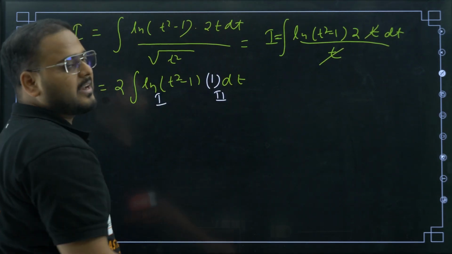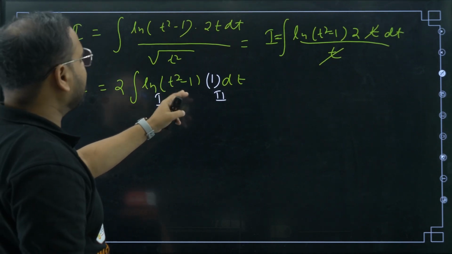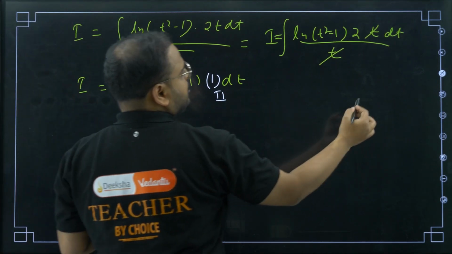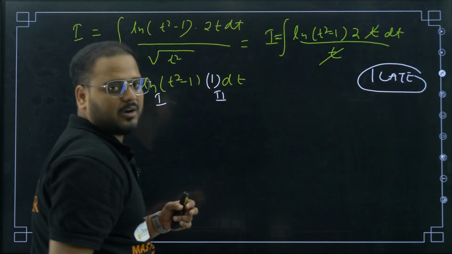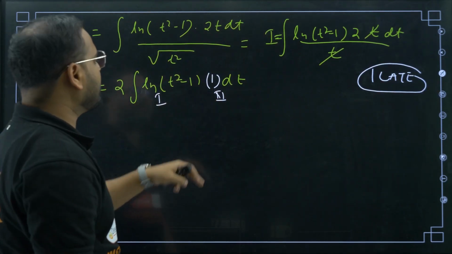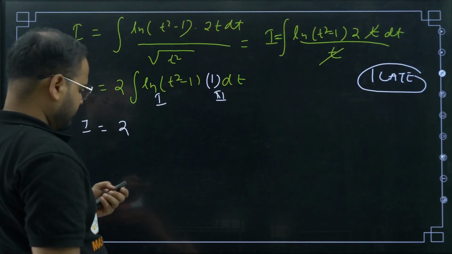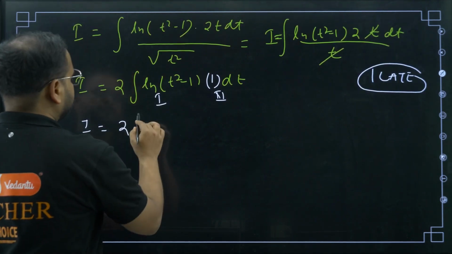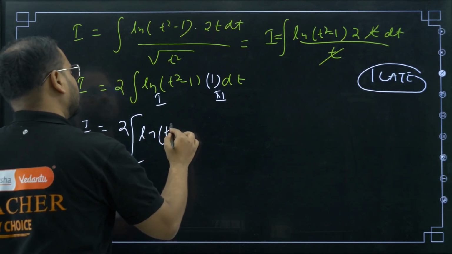Why, sir? Because of the ILATE series, log will come first. ILATE: I-L-A-T-E. So log is coming first before the algebraic function, so 1 is going to be my second function. What's the rule? Keep 2 as it is. Keep the ln function also as it is.